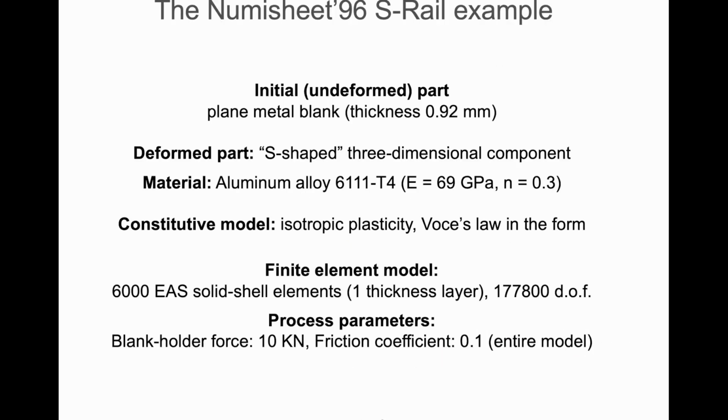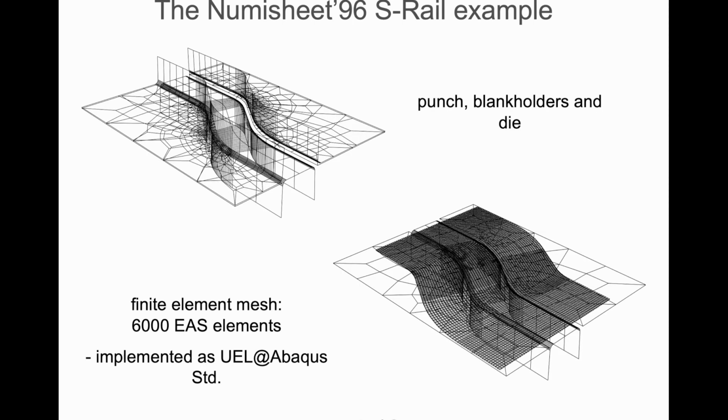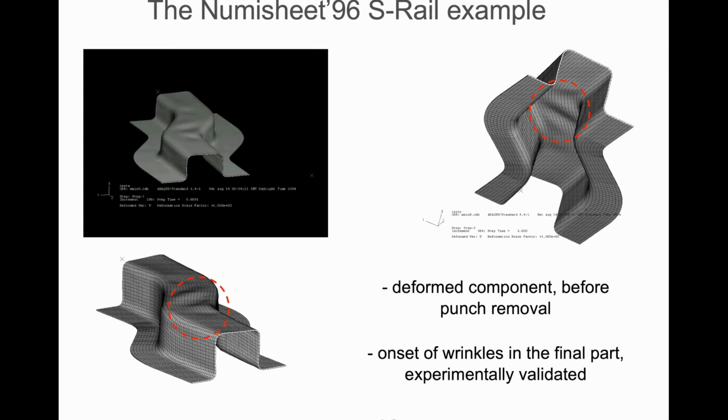So let's see some examples. So this is the NUMISHEET conference 96. So it's very old. Even myself, I was still studying during this time. I showed this in the first class. The challenge here was to detect the wrinkling pattern.